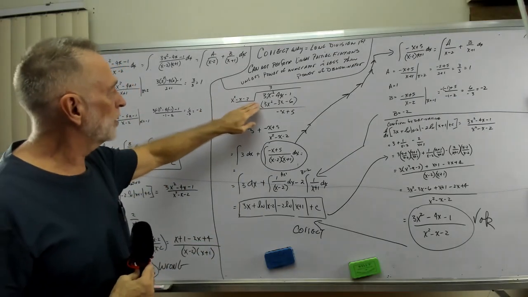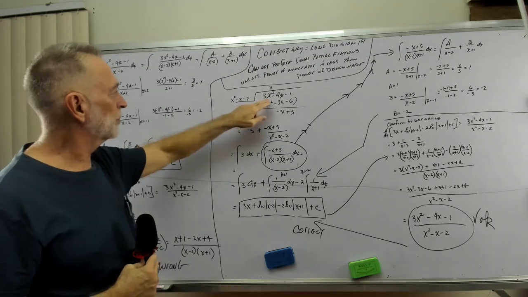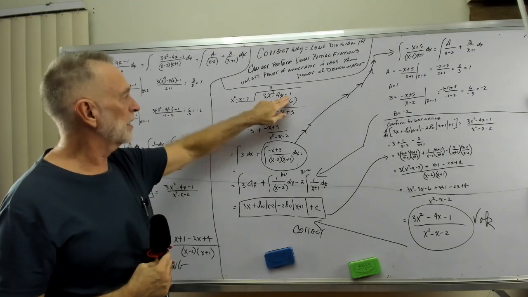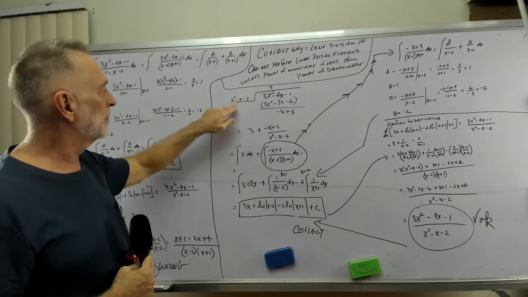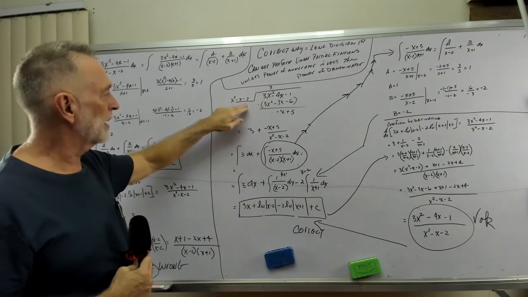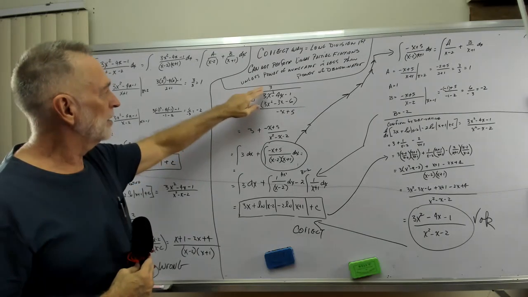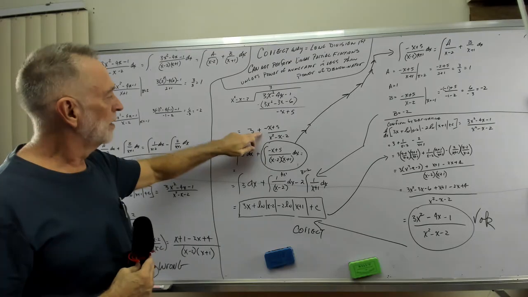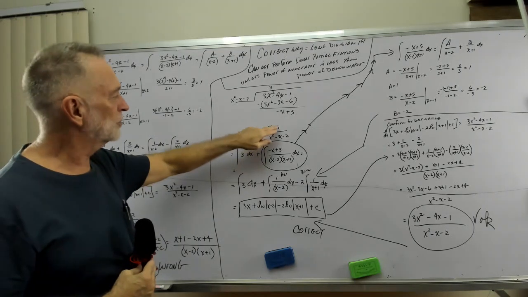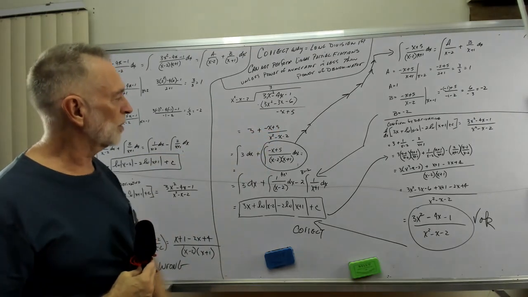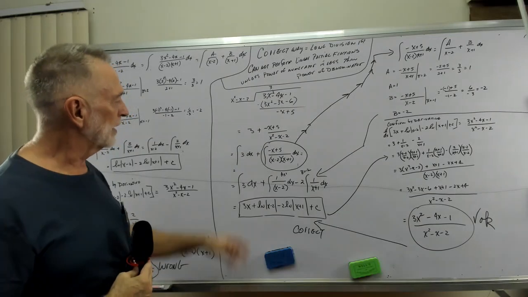Okay, so if we go through that division, we have 3x squared minus 4x minus 1 divided by x squared minus x minus 2. Now I end up with 3 plus minus x plus 5 over x squared minus x minus 2.